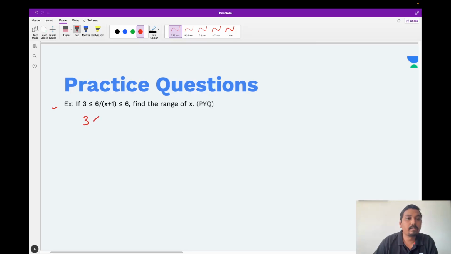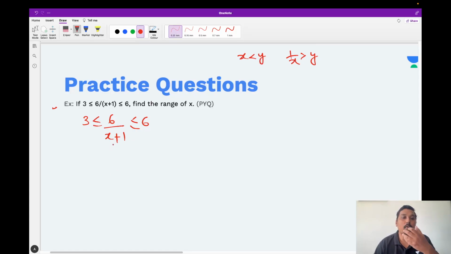Now 3 is less than or equal to 6 by x plus 1, less than or equal to 6. We have already seen that if x is less than y, if I take a reciprocal, my sign is going to change. Since my x is in the denominator, I want it in the numerator so that I can solve the equation. So I need to take the reciprocal of all.